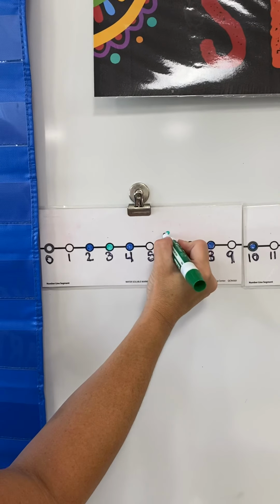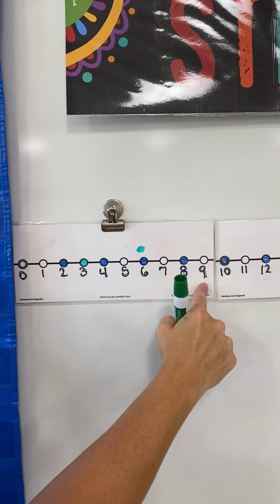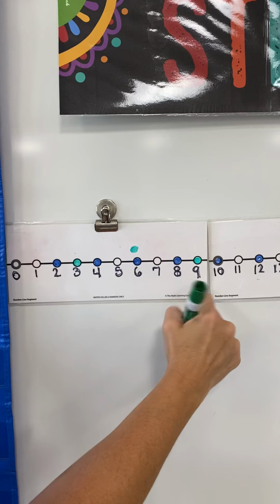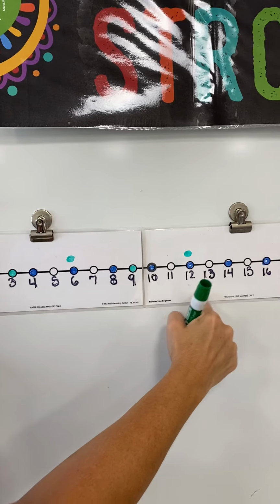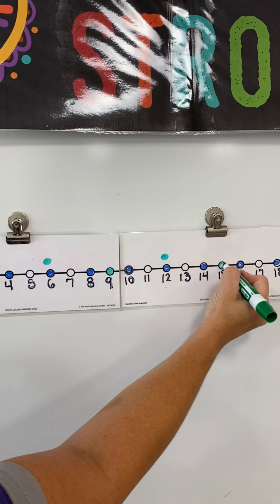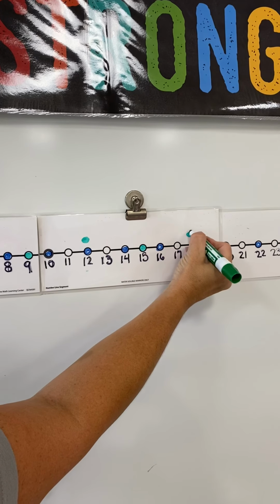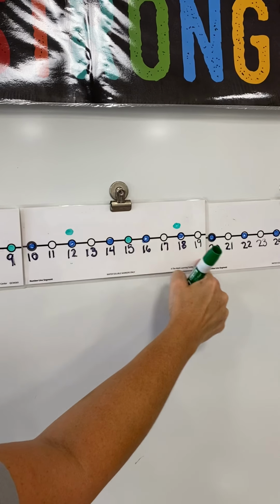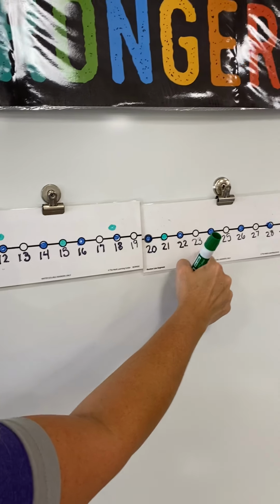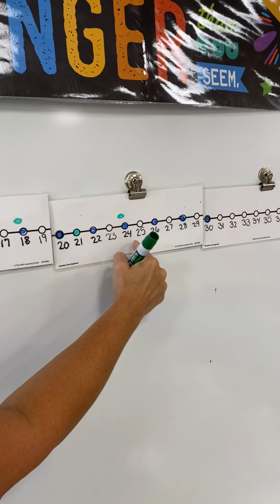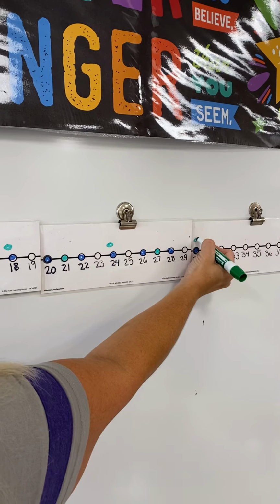So I'm going to put a green dot above here. 3 more, 7, 8, 9. 10, 11, 12, 13, 14, 15, 16, 17, 18, 19, 20, 21, 22, 23, 24, 25, 26, 27, 28, 29, and 30.